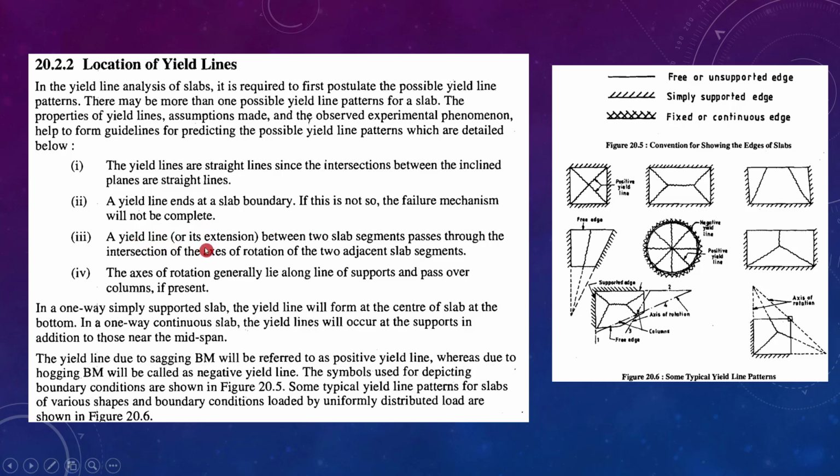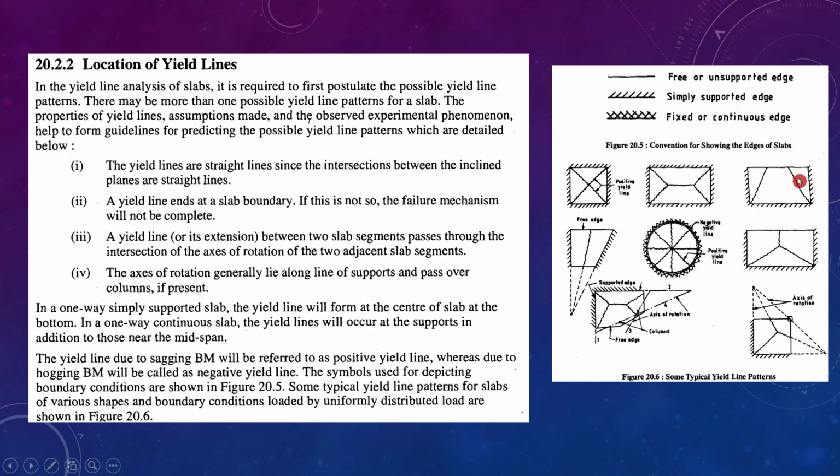Then the next one is that a yield line or its extension between two slab segments passes through the intersection of the axes of rotation of the adjacent two slab segments. You know that this will be the axis of rotation of this segment. In this figure, you have one, two, three, four segments.